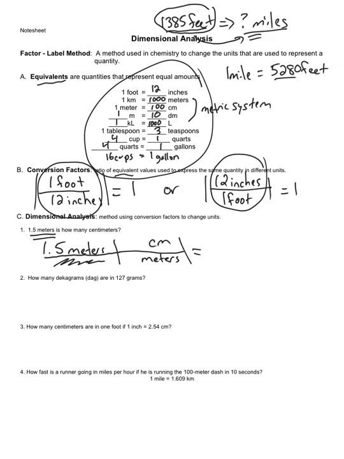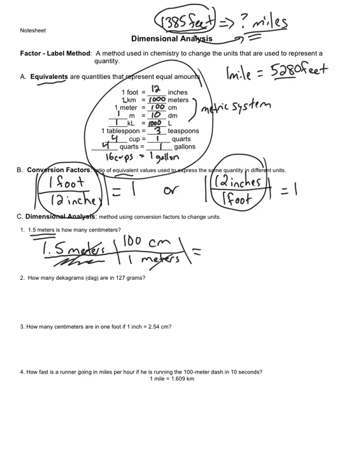Okay? So now I look up my equivalent, and my equivalent says 1 meter is 100 centimeters. So I fill in: there's 1 meter is equivalent to 100 centimeters. I'd want to use the equality with the meters on the bottom because I'm starting with it and I want to get rid of it. Because I have meters on top and bottom, they're going to cancel.